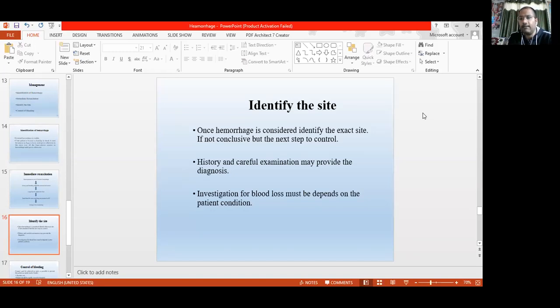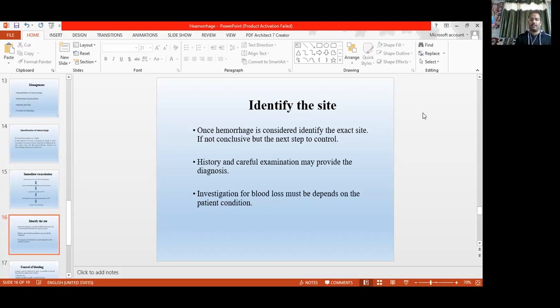Suppose the patient has a history of taking NSAIDs, or the patient is known for GERD. Then if the patient has hematemesis, it is most likely due to a ruptured or perforated peptic ulcer. So in the meantime, with proper history and examination, you can identify the site of hemorrhage.